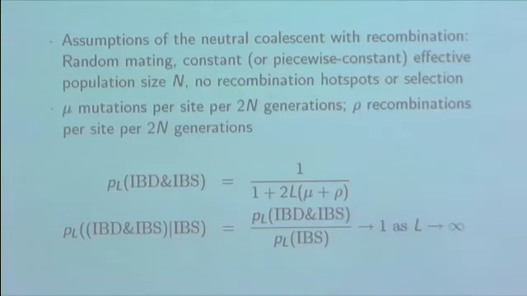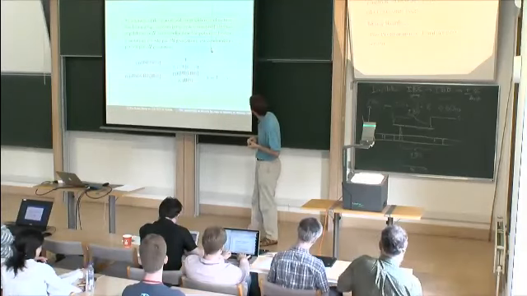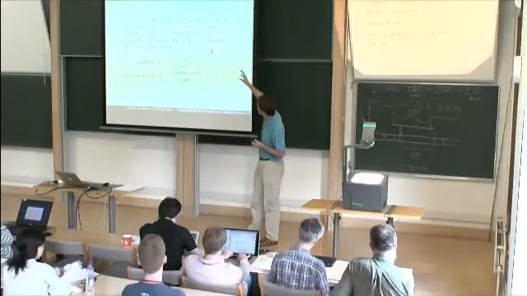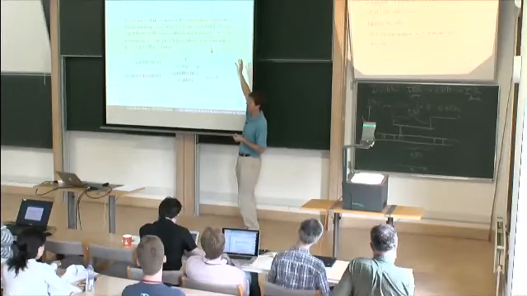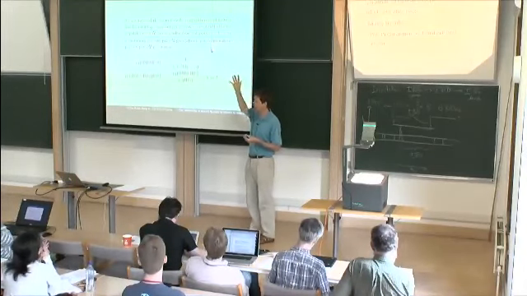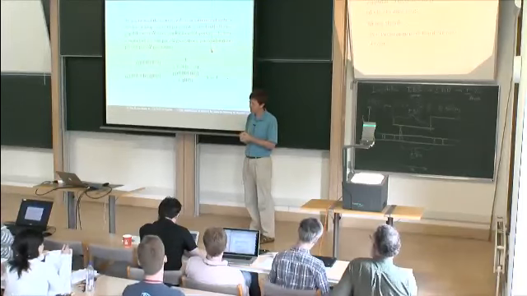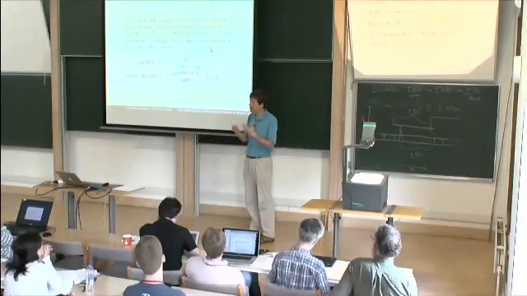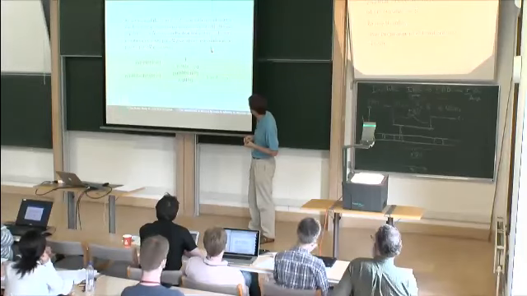So we can look at different population histories with bottlenecks and so on, and we'll come to that later when we look at some real data fitting to real genome sequences. For now, there are no recombination hotspots, certainly no selection. That would make things hard. Recombination hotspots one could model as well just by putting them essentially into the calculations. So it's not a hard thing to put in.